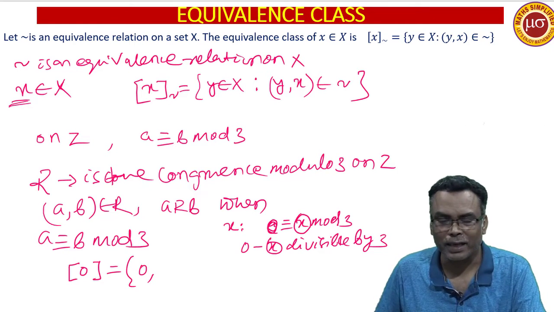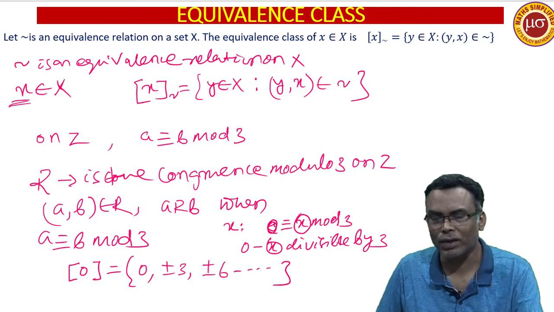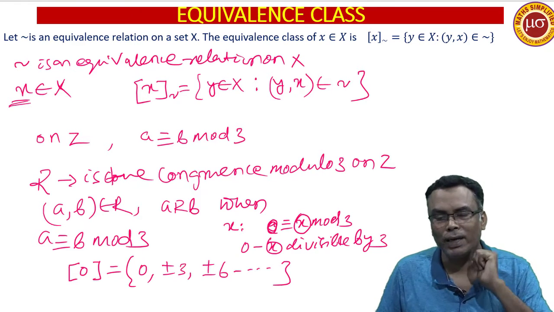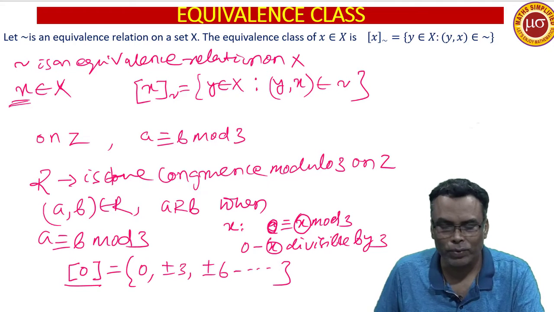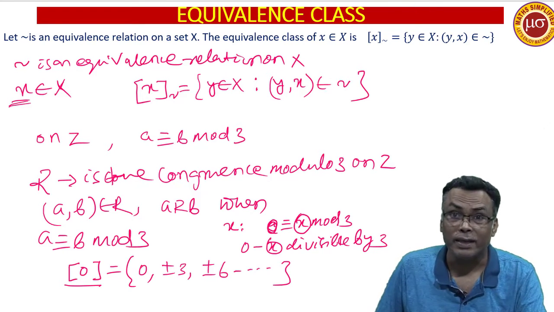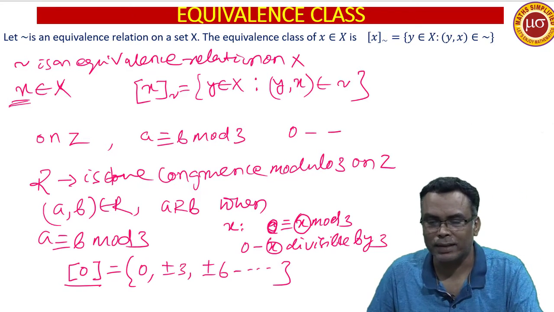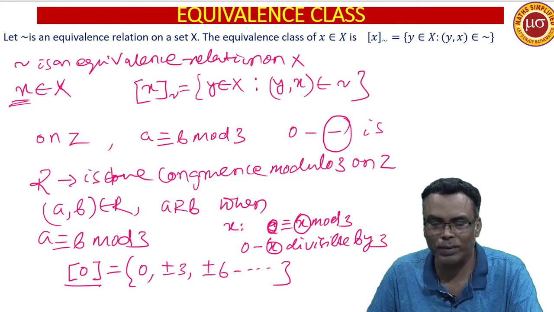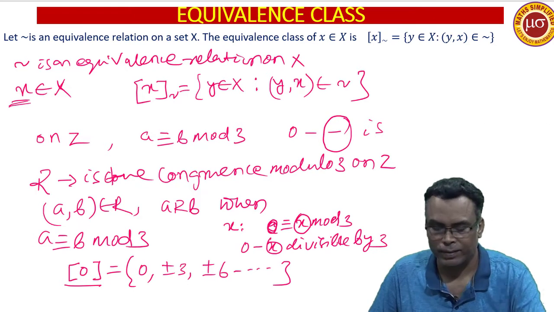Second I can take x is plus minus 3 or plus minus 6. This is the equivalence class of 0 with respect to the equivalence relation a congruent to b mod 3. 0 minus a multiple of 3 is divisible by 3. So this is about the equivalence class.